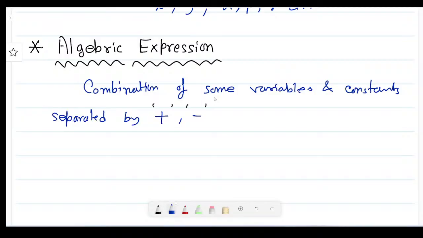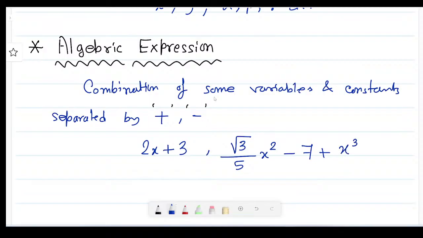For example, 2x plus 3. Yes, it is a combination. Root over 3 by 5 x squared minus 7 plus x cube. Yes, it is also a combination because we combine variables, constants, and both. And the connection is just plus and minus here. This is the minus and this is the plus.